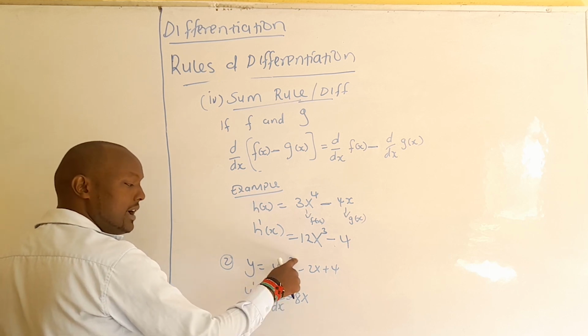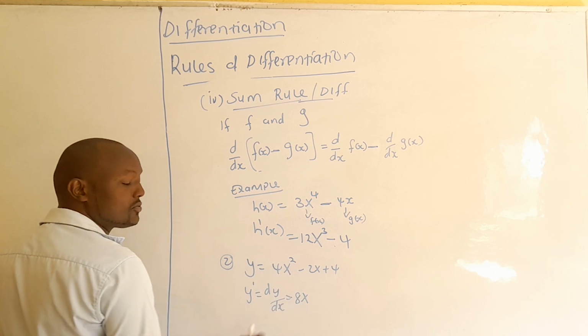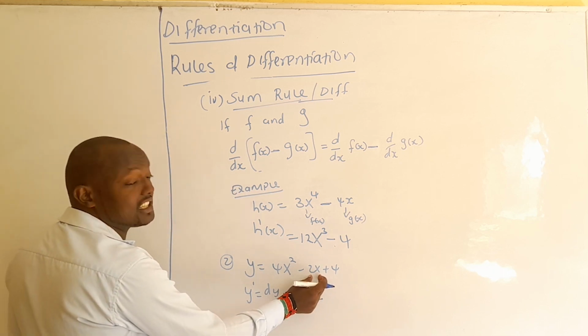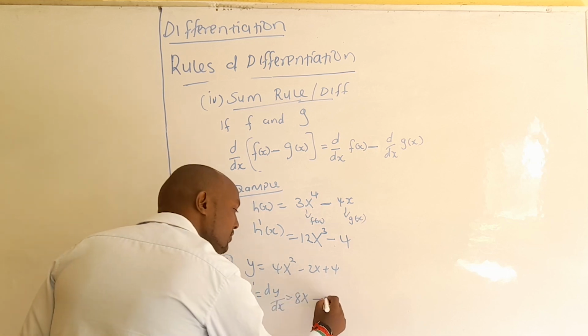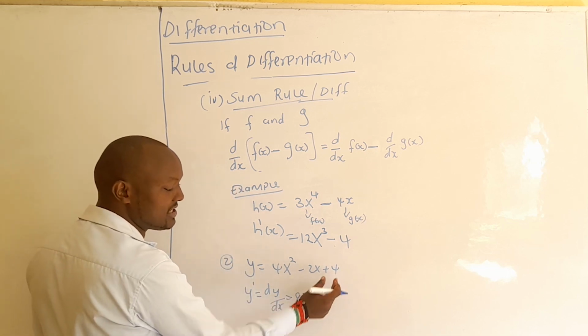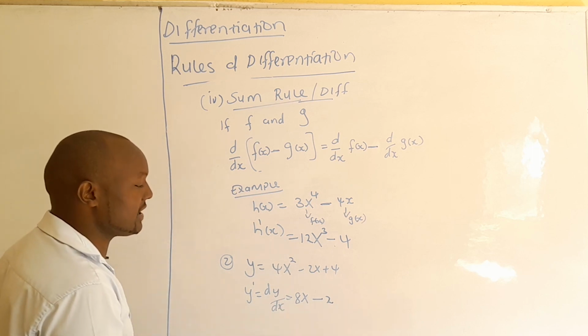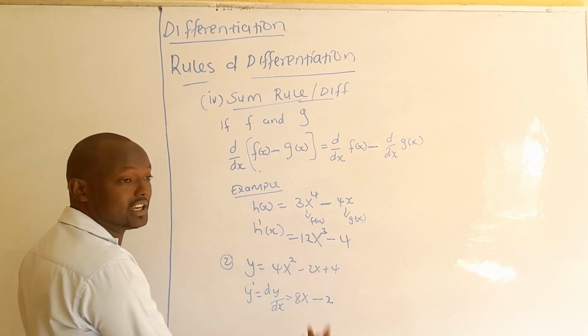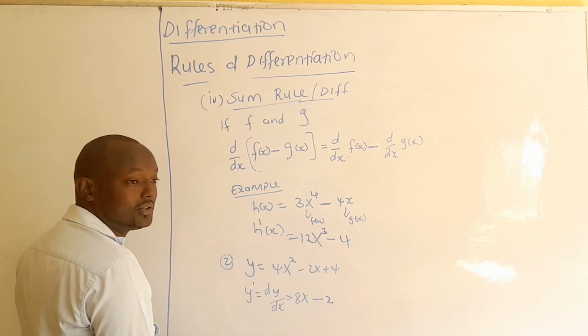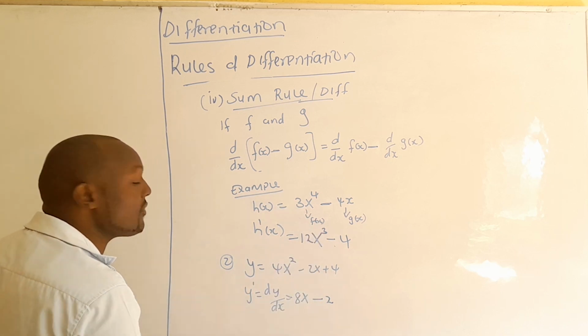Then x to power 2 minus 1, where we get x to power 1, you get 8x. Minus, when you are differentiating 2x, you get 2. Plus, when you differentiate a constant, automatically you get a 0. When you differentiate 2x, you get 2, because this was x to power 1, when you less 1, it will be x to power 0, and that will be 1. So that's how we get the derivative.